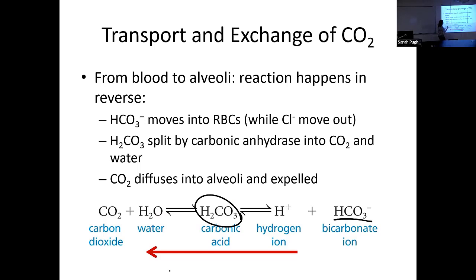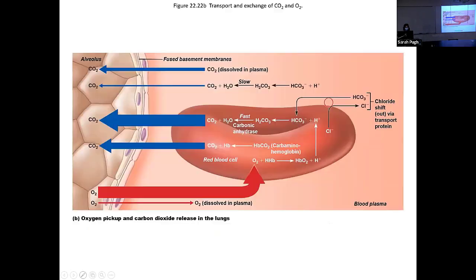From there, we're going to separate the water out of it, turn it back into CO2, move it into the alveoli, and blow it out of the body. So the reaction just goes backwards. It goes in reverse when we get it up towards the lungs, near the alveoli. And the chloride shift happens in reverse.